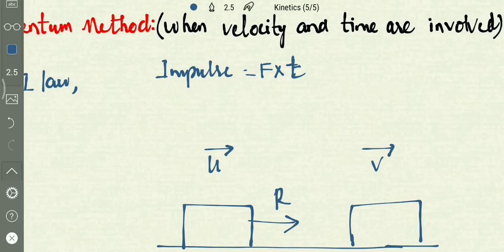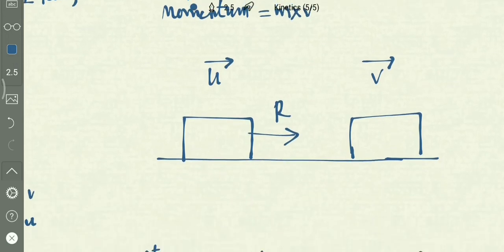And what is momentum? Momentum is product of mass and velocity. Suppose there is a body here. This is a body of mass m and there is a force R applied for a small time t and it reaches from velocity u to v.